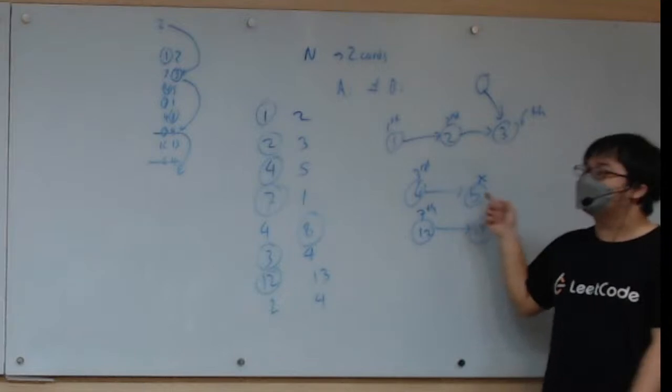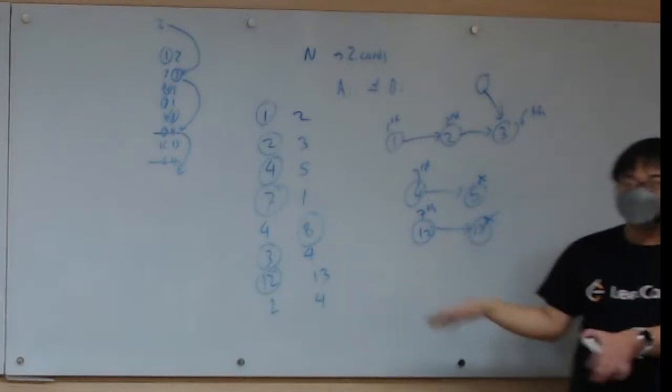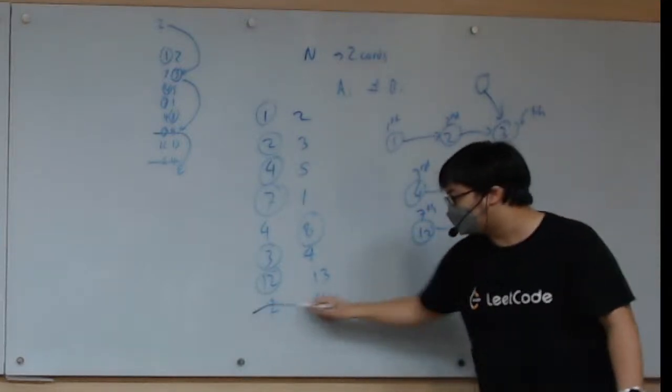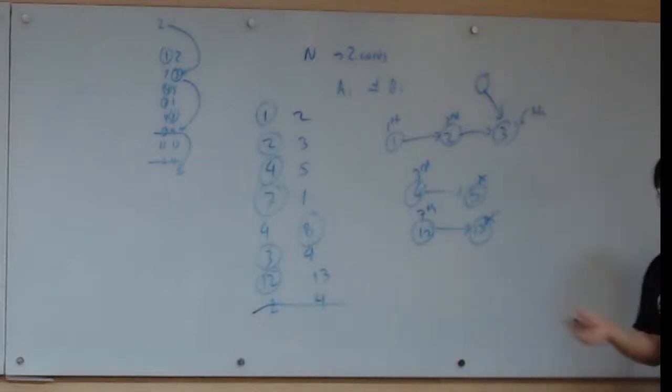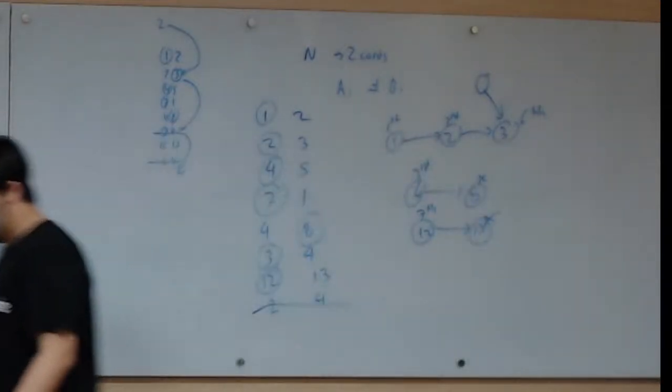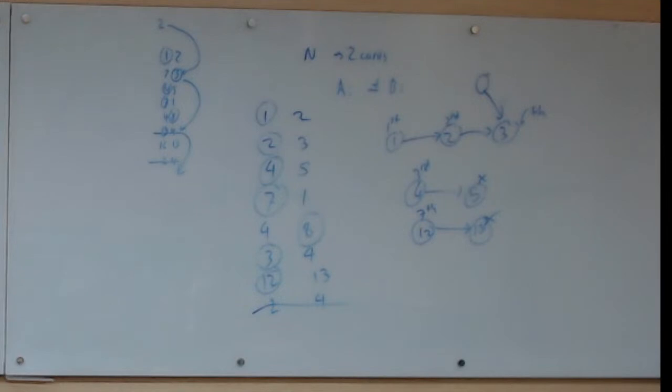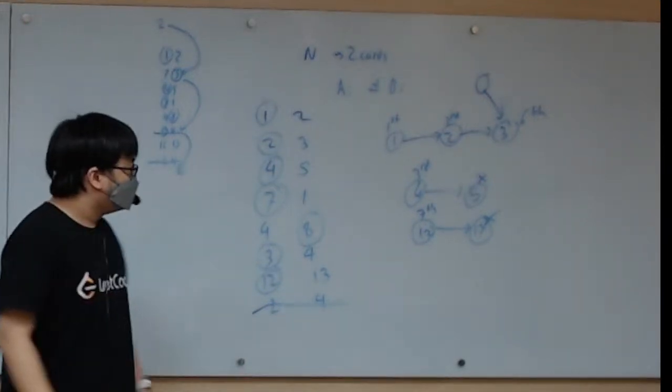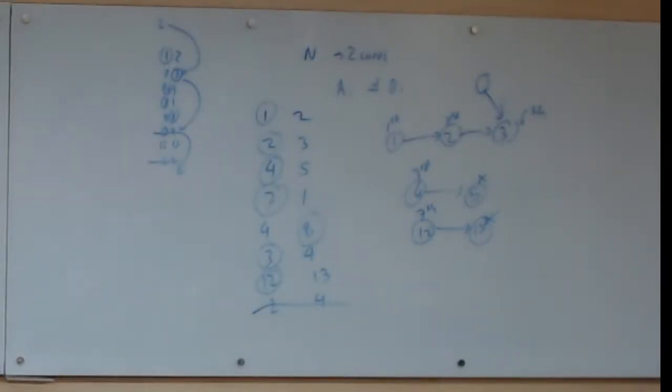So the loser of the game, if we forbid 4, will be the original loser of the game, which is this player. So that's how we can do it, all in linear time.